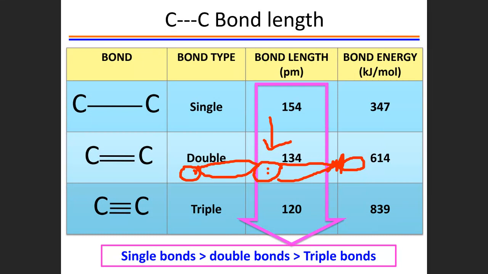As a result, they come close together, their energy is enhancing, and their length is decreasing. This is the pattern of bond length in single, double, and triple bonds. You need to remember the single bond length is bigger than the double, and the double bond length is bigger than the triple. But in the case of energy, it is vice versa.